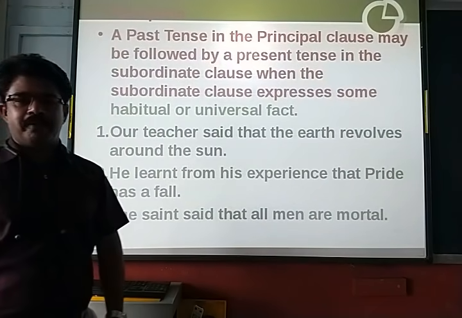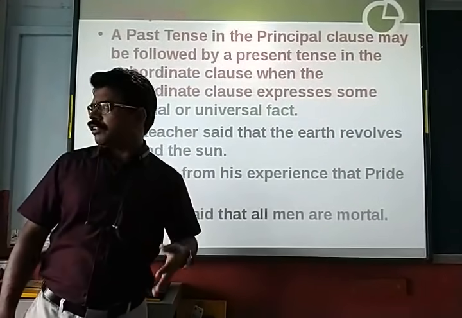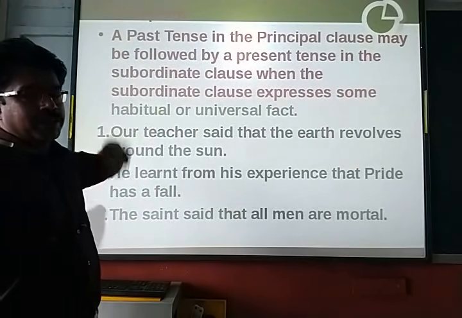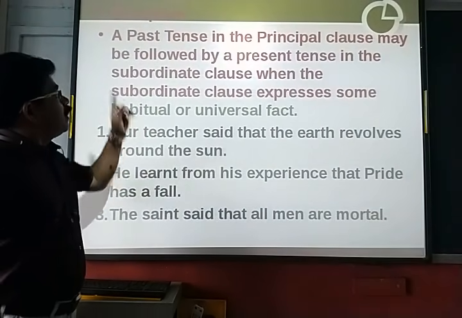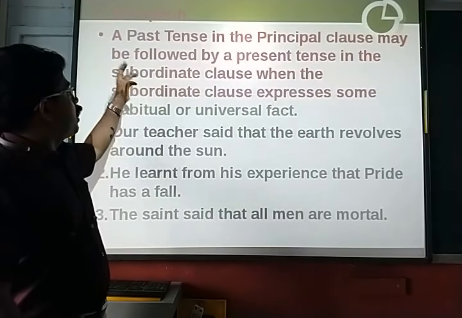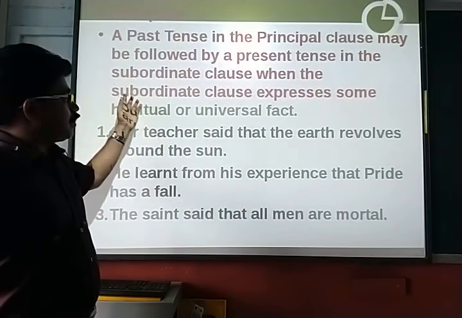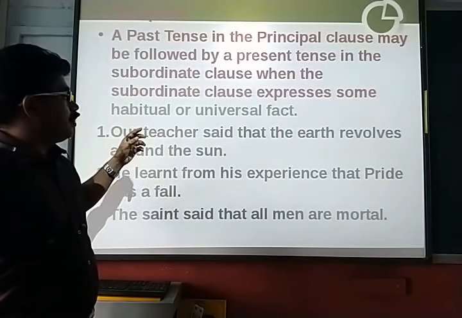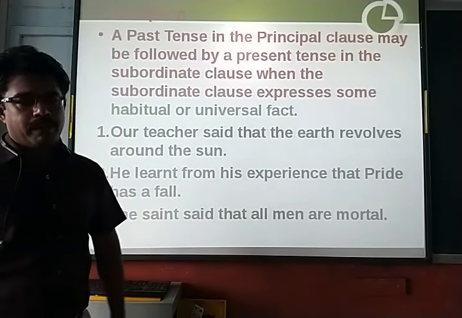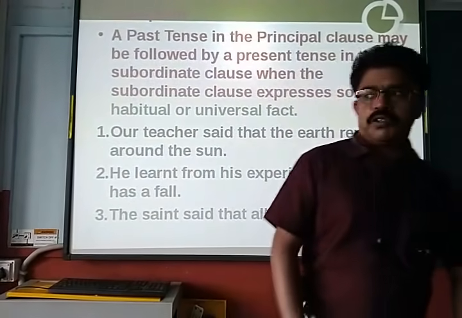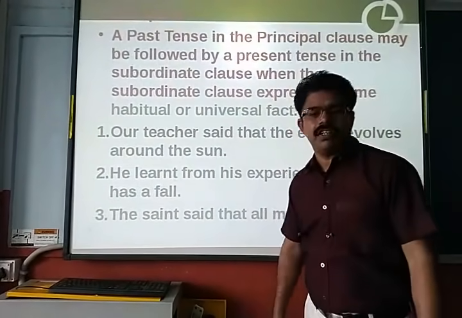Exception again. We are seeing a lot of exceptions. One rule, 2, 3 exceptions. Again, for the second rule, an exception is coming. Let's see. A past tense in the principal clause may be followed by a present tense in the subordinate clause when the subordinate clause expresses some habitual or universal fact. So that is a very common thing. We said habitual action, universal truth always remains in the present tense.